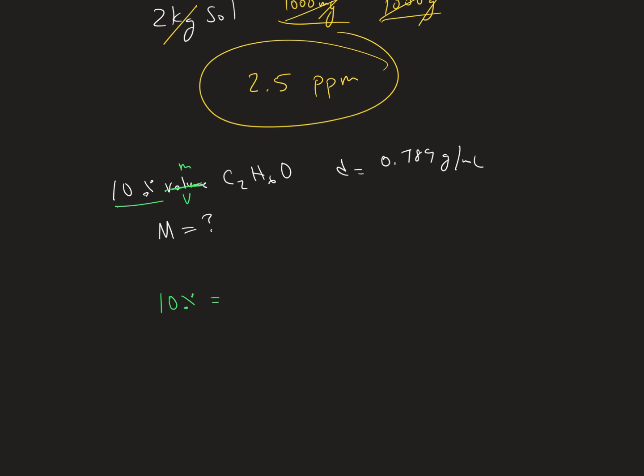That was a bogus one, sorry. Didn't give you enough information. So we have mass, and we can say grams, right? Grams of our solute, X grams of solute of C2H6O. Hold on. Do I give you enough information here?